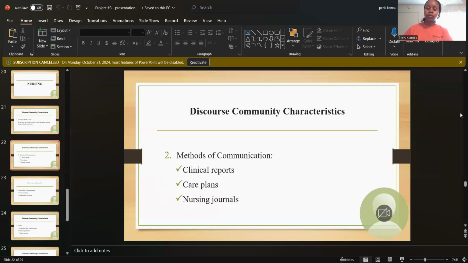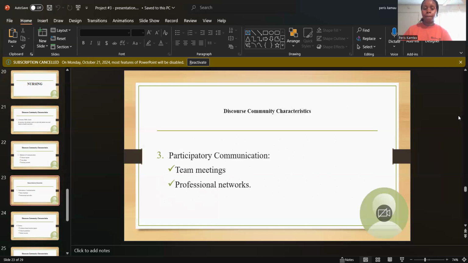Nursing as a discourse community communicates through clinical reports, care plans, and nursing journals. The participatory communication involves teamwork, meetings, and continuing medical education.